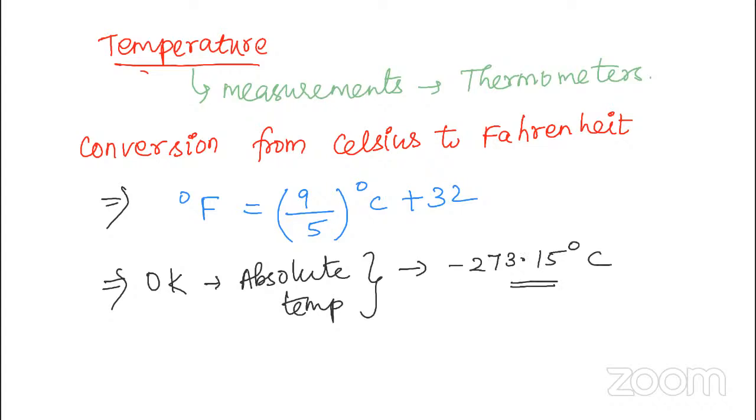Okay. So let us now say the value of 0 degrees Celsius. What is it? 0 Kelvin is minus 273.15. And what is the value of 0 degrees centigrade?